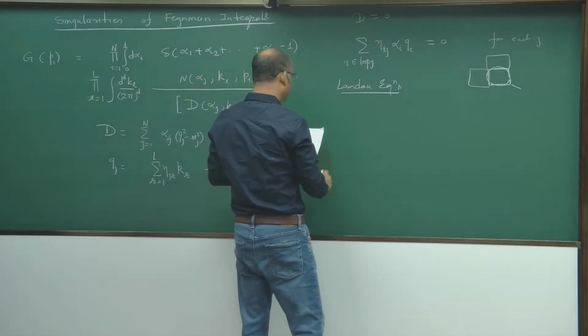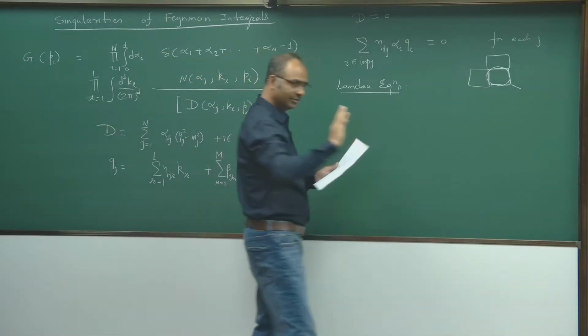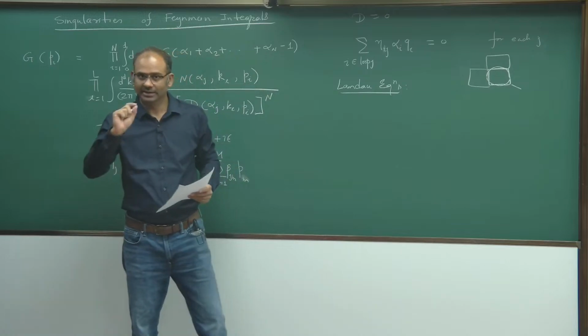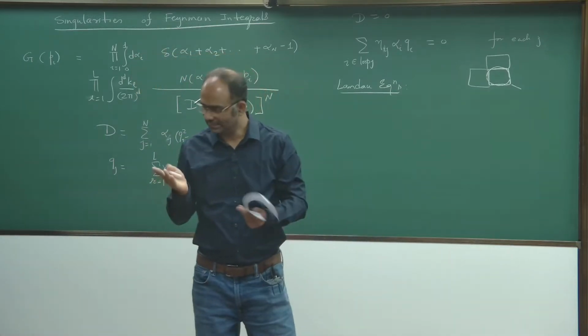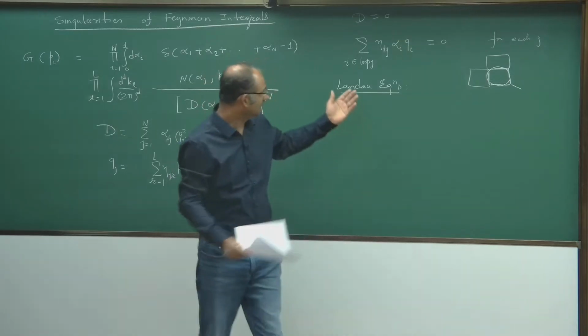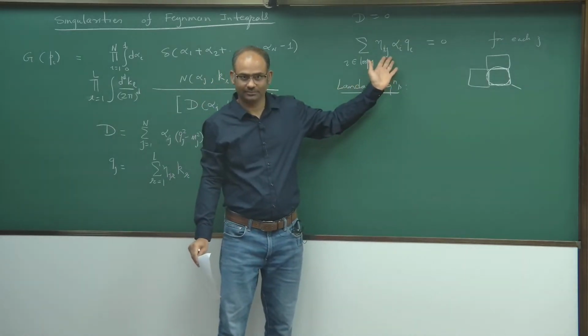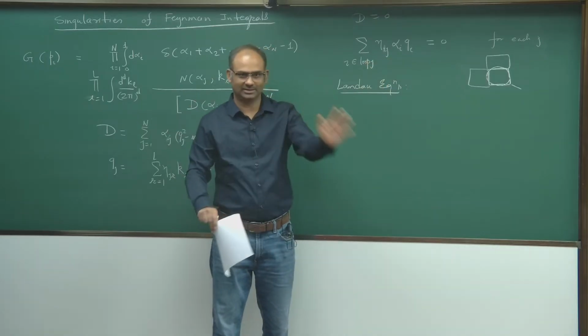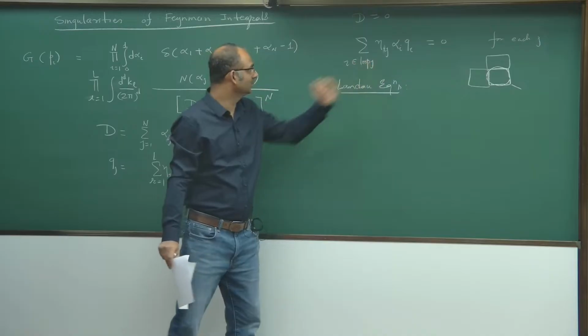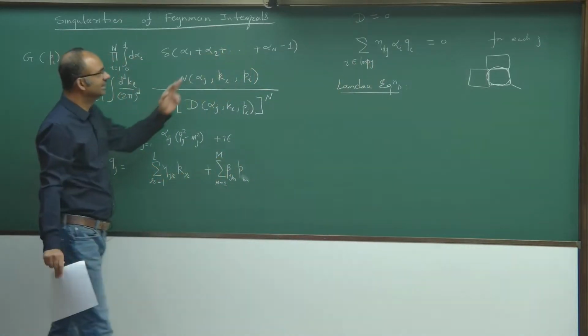So what I can do is take your Feynman diagram, take the lines which are off shell and just ignore them, because they are not relevant for the pinching condition. When you draw a diagram, you have all these lines. You are saying this condition should be satisfied by the momenta, that D should be 0.